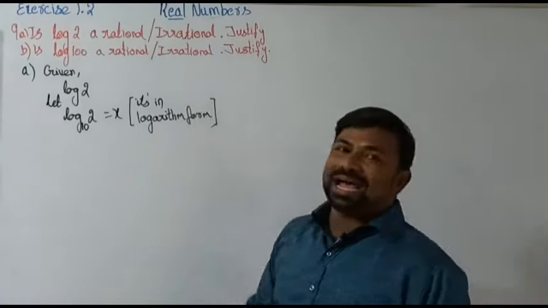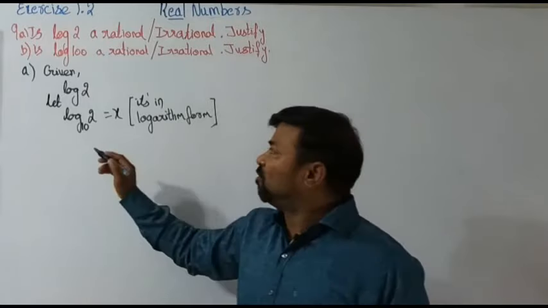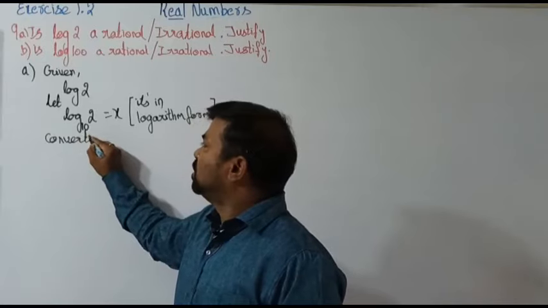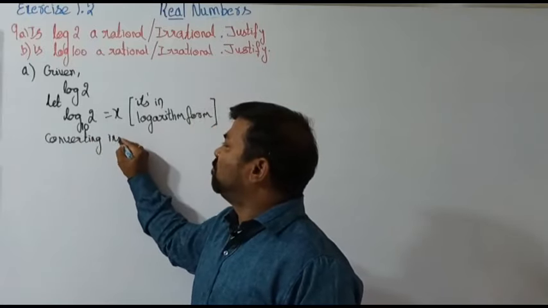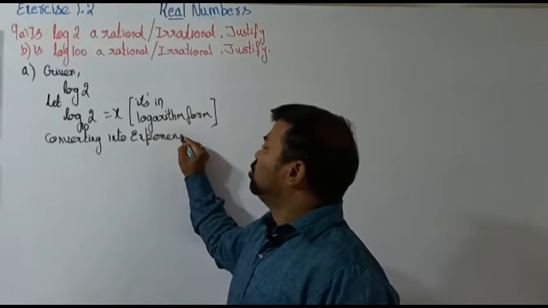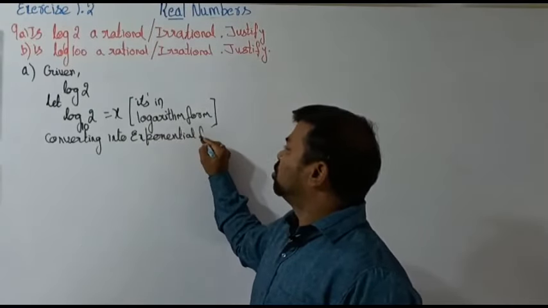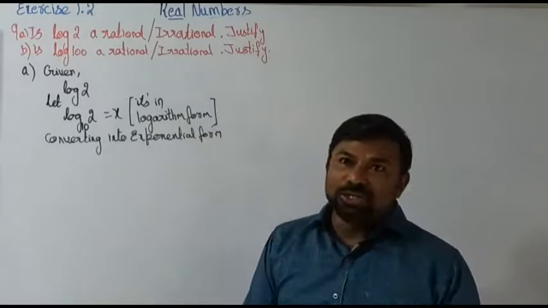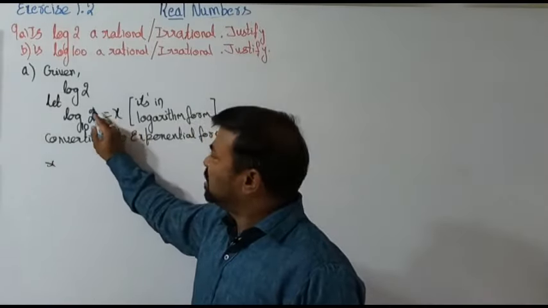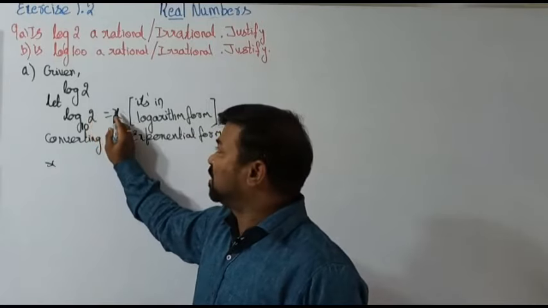Let me convert that into exponential form. You know the meaning of exponential form? We need to shift things. Simply see here: the x present here will come here and the 2 present here will come here.